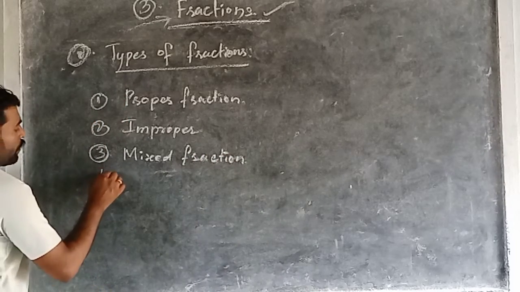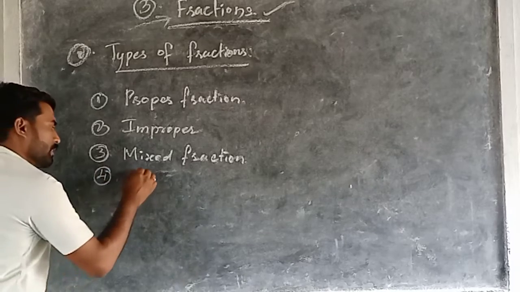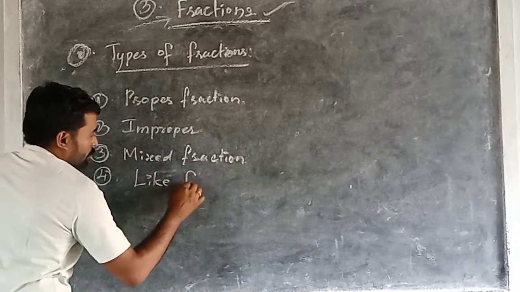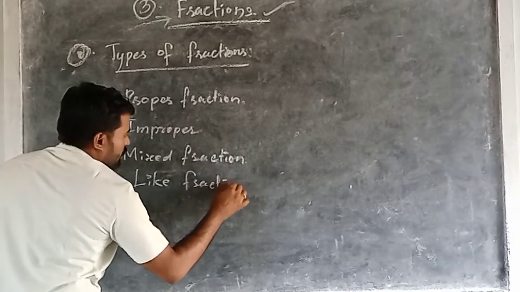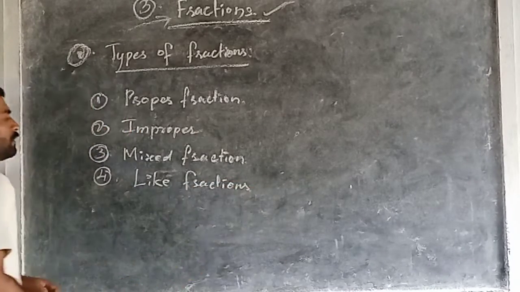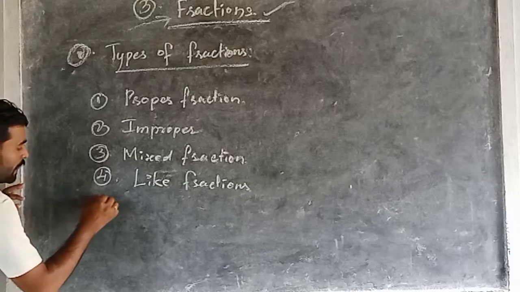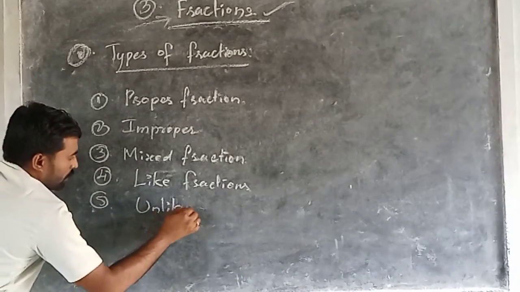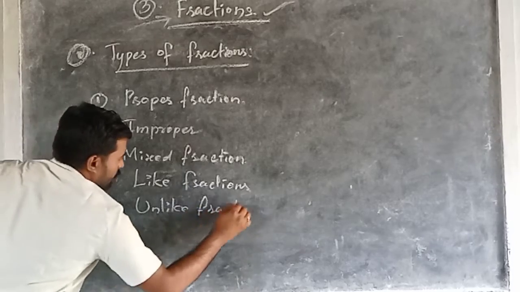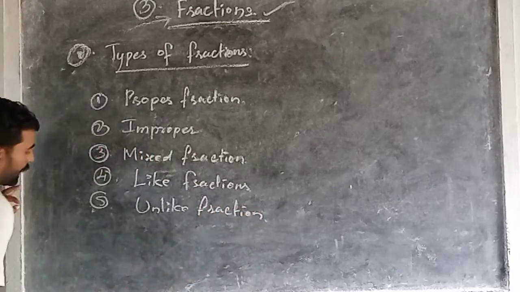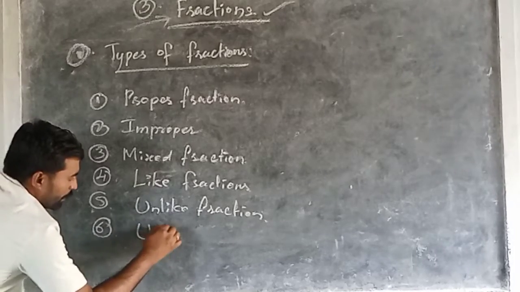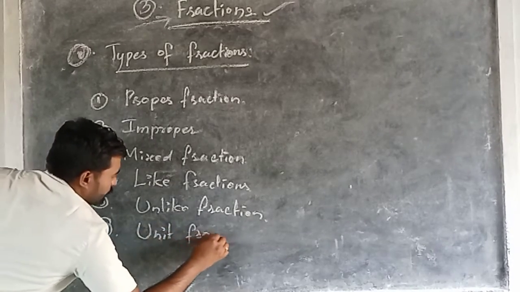The fourth type is like fractions. The fifth type is unlike fractions. The next type is unit fractions.